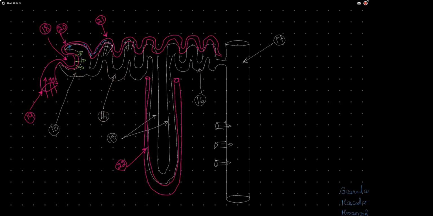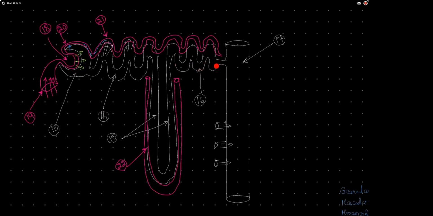And then as a continuation of those tubules, I have the tubes that will form a loop that travels down and then back up. This is marked 15. As a continuation of this loop, you have another cluster of tubules that are highly convoluted, but they are located away from this cup-shaped tube.